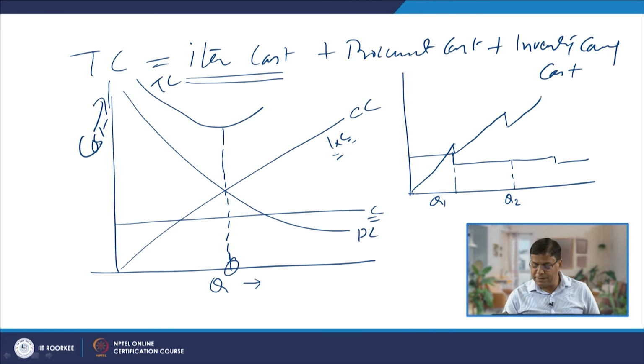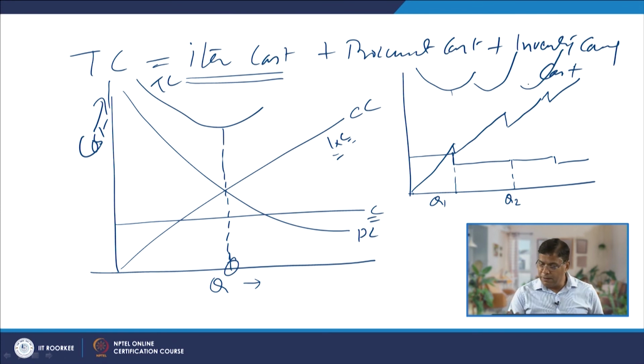Since these factors are changing as a function of the cost like this, these will lead to a shift in the economic order quantity. Like earlier if it was here, then it will be somewhere here, then somewhere here like this.